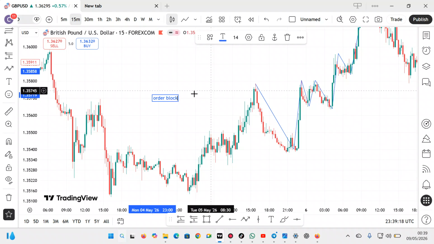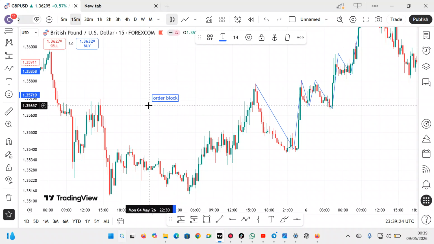Okay, so this is the first thing an SMC trader, smart money concept trader, needs to start with, to start knowing what their order block is. Okay, so after they are done knowing their order block, we'll move to other things.